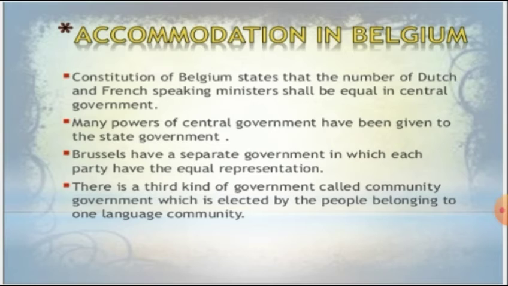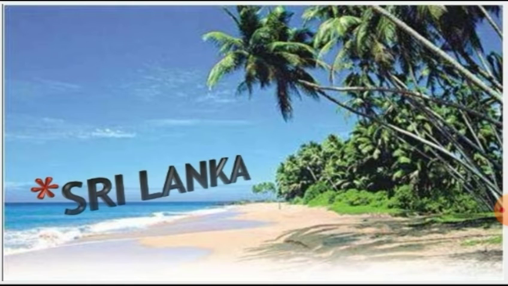Second, many powers of the central government have been given to the state governments. Third, Brussels has a separate government in which each party has equal representation. Fourth, there is a third kind of government called community government, which is elected by the people belonging to one language community.